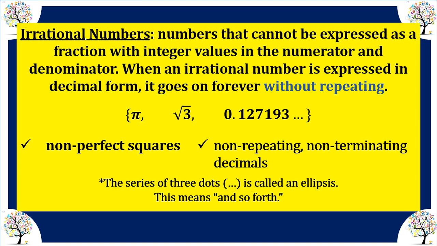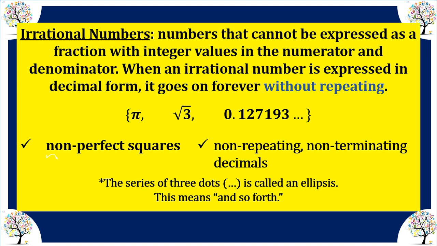Irrational numbers are those numbers that we cannot write as a fraction, where the numerator and denominator are integer values. When an irrational number is expressed in decimal form, it goes on forever, it doesn't repeat, and it does not terminate. So some examples are pi, the square root of 3, and this non-terminating, non-repeating decimal.